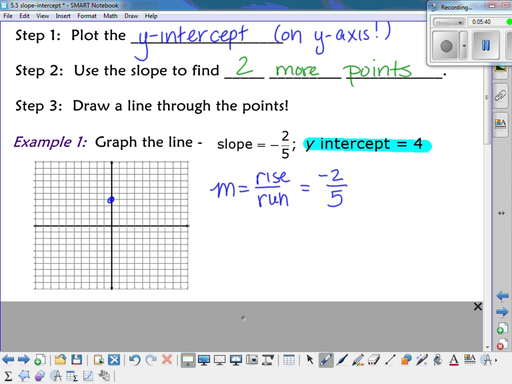So a -2 means I'm going to be going down 2, and then going to the right 5. So I start at the 4, I go down 2, and then right 5. If you leave the positive on the bottom, it will always be to the right. Okay, and then you just draw the line through the points.